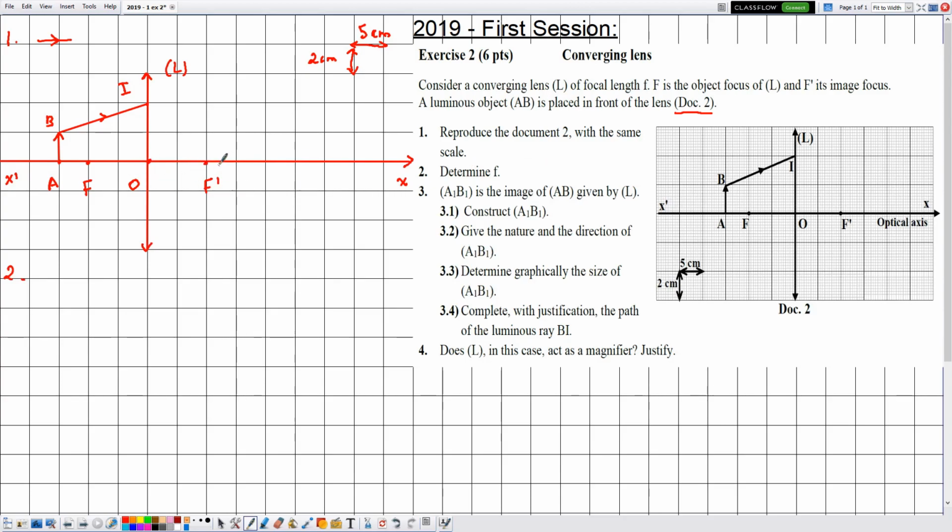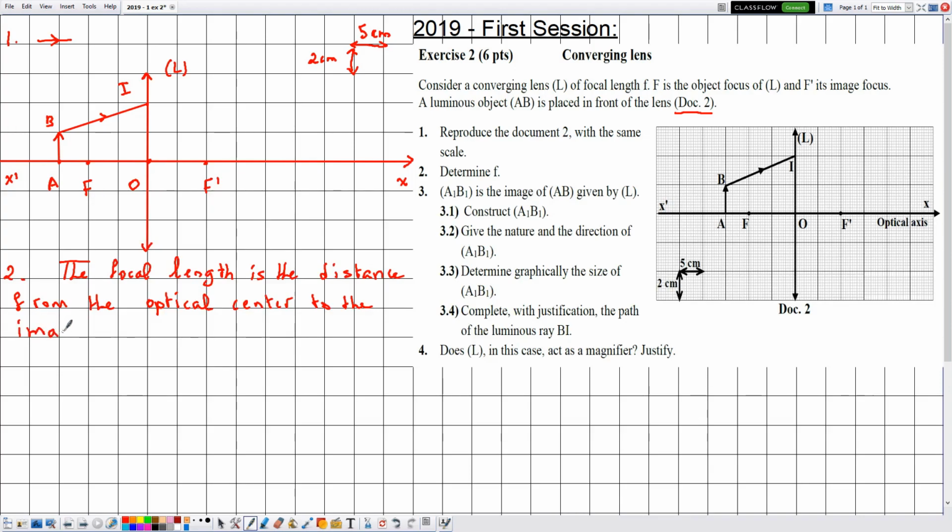Okay, we have the position of the image focus, so we can calculate the focal length using its definition, which is given by: the focal length is the distance from the optical center to the image focus.